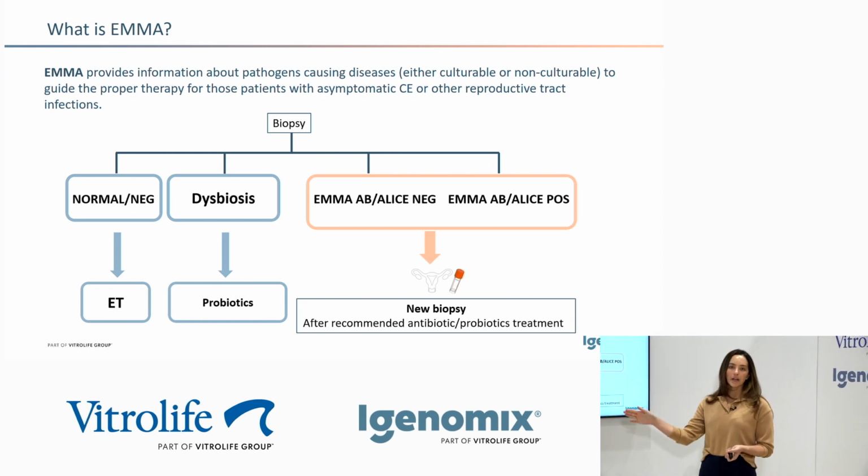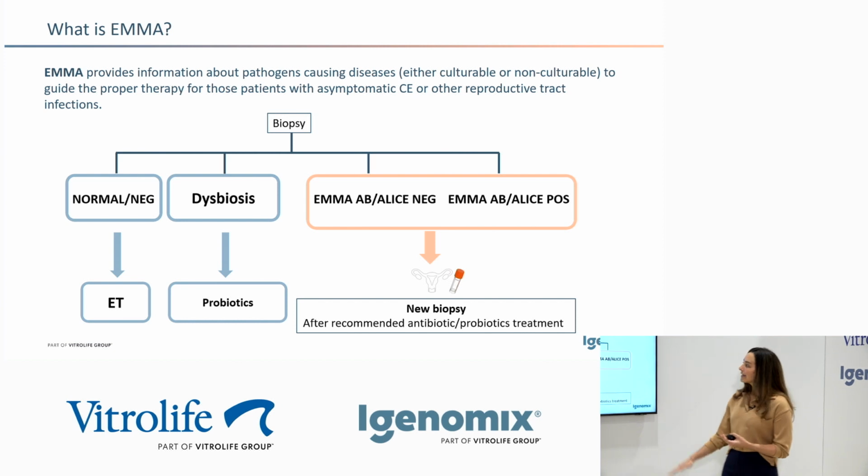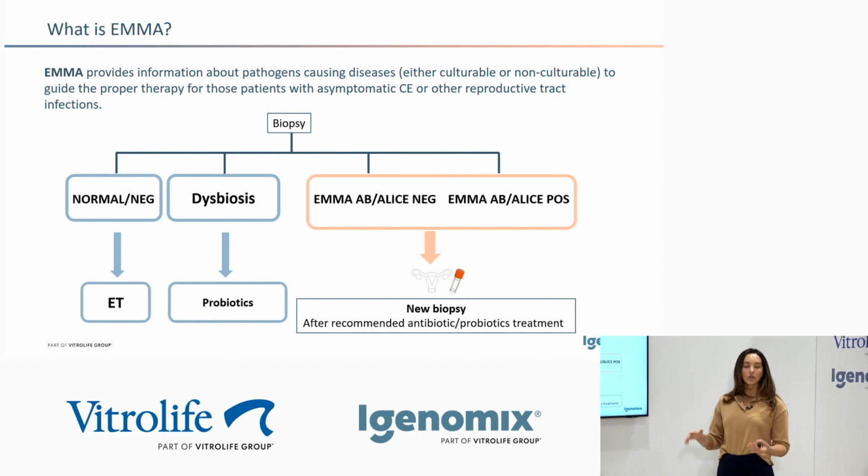If there is a dysbiosis where we see low levels of lactobacillus but no pathogens, then we recommend probiotics and then proceeding with transfer. And in any case where we see pathogenic bacteria outside of reference range, we recommend targeted antibiotics followed by probiotic and a test of cure biopsy to ensure optimal microbiome.